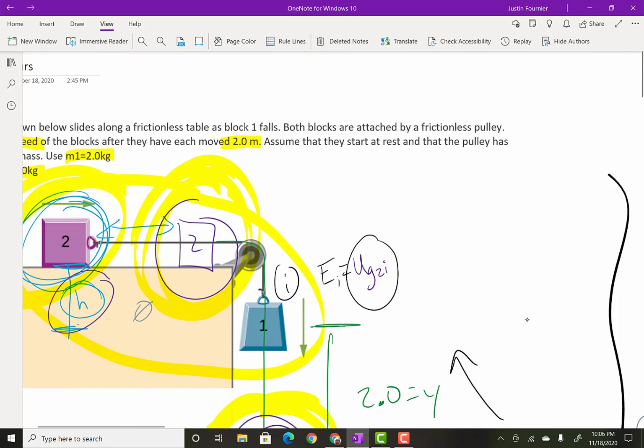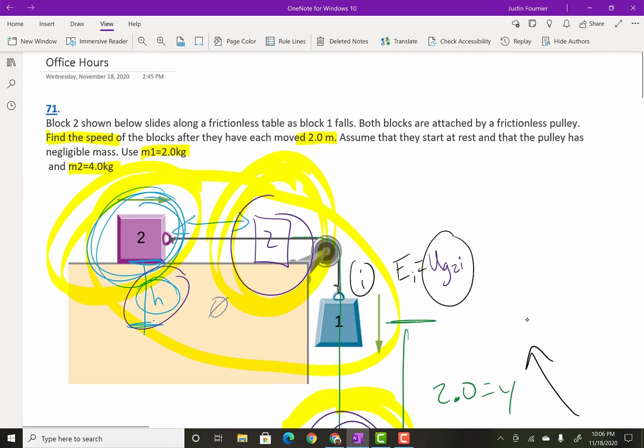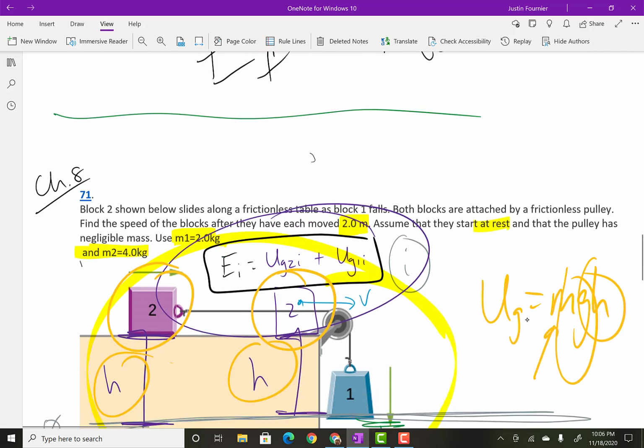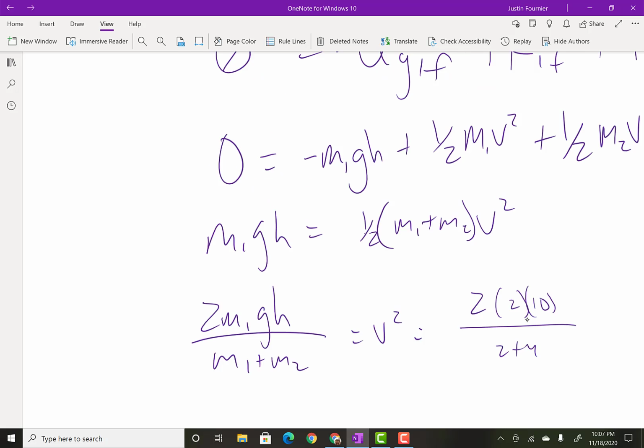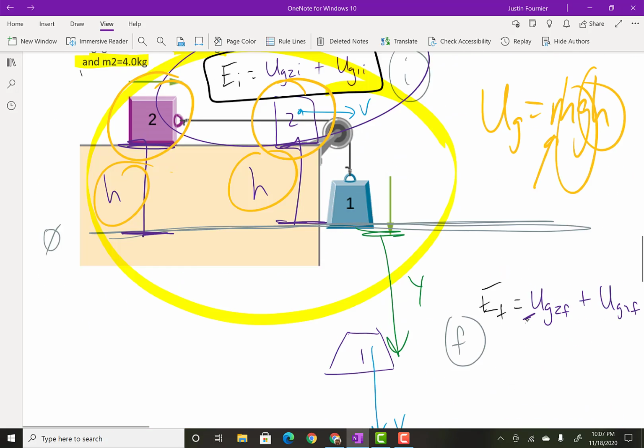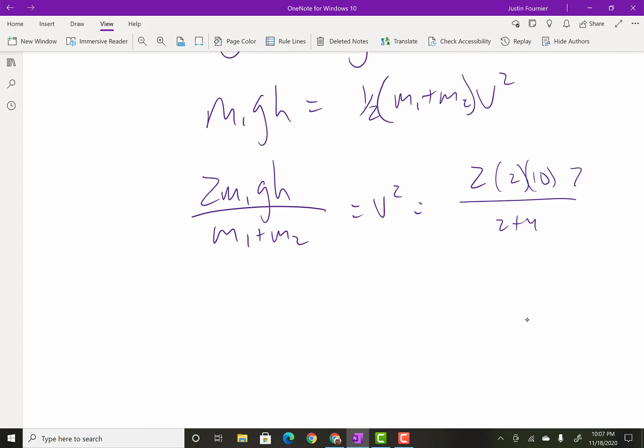Mass 1 is 2, mass 2 is 4, so it's 2 plus 4, which is 6. The change in height is 2 meters.